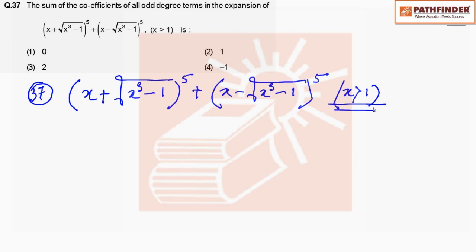Then the sum of the coefficients of odd degree. Now, what are the odd degree terms? We can say each odd degree term will come twice.